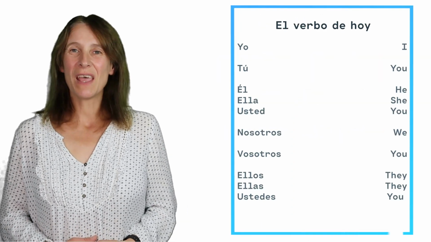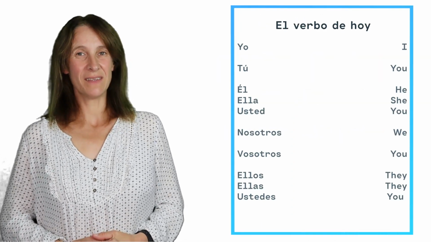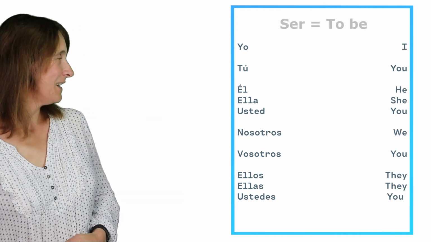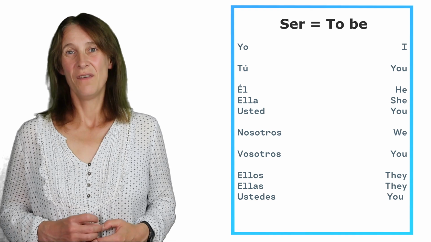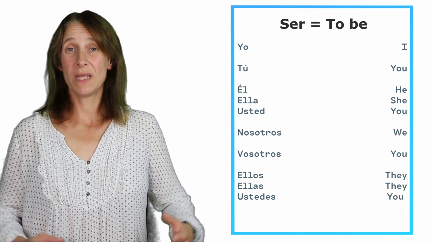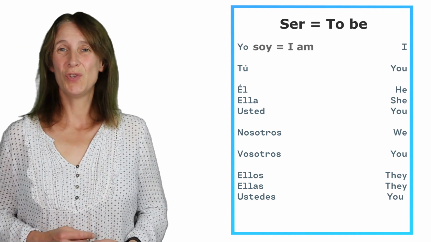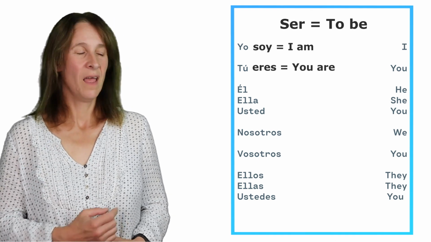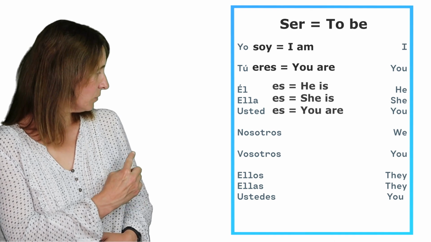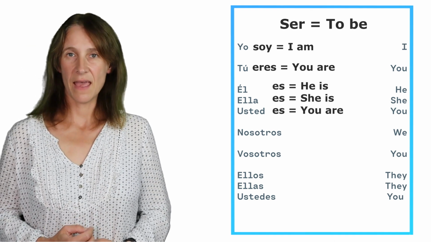El verbo de hoy is a verb that we've already studied once before. Ser, to be. Ser is one of the most important verbos en todo español. Yo soy. Tú eres. Él, ella, usted es.